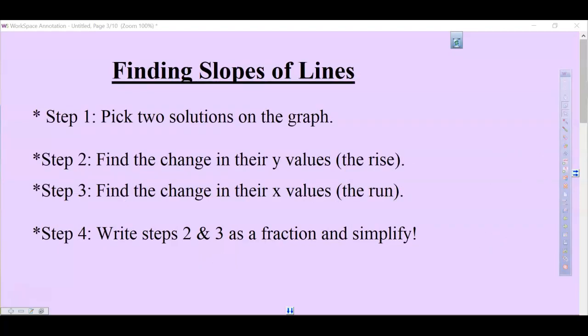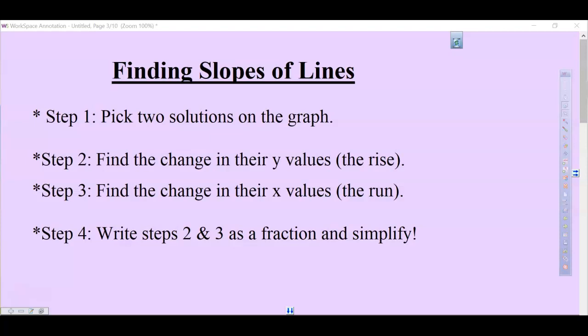So here are the basic steps we're going to use. Now these vary depending on 1 or 2 things, but in order to find slope, first we have to have 2 solutions on the graph. Whether we're given them as points or we find them ourselves on the graph, we need 2 points or 2 solutions on the graph.